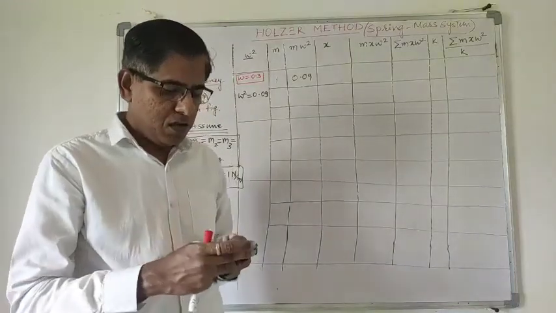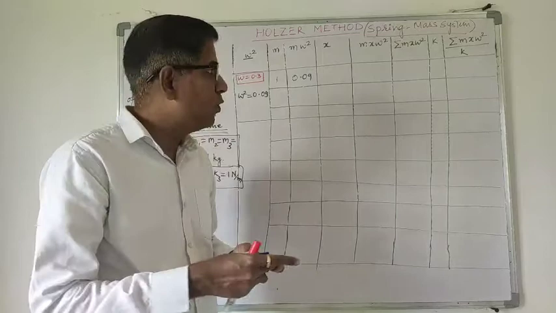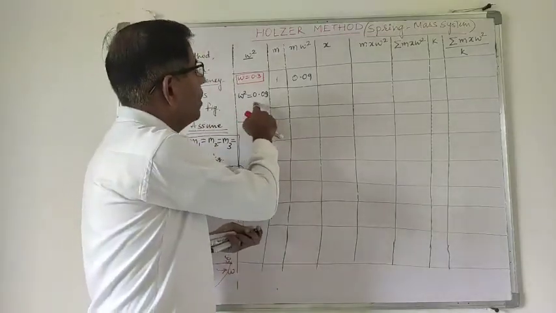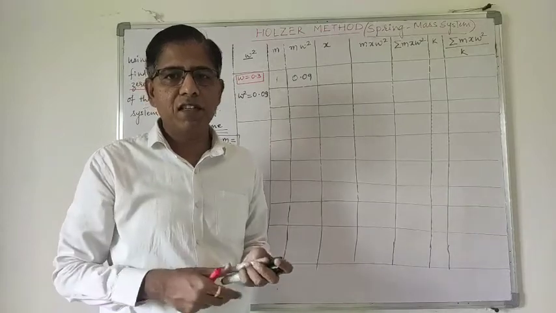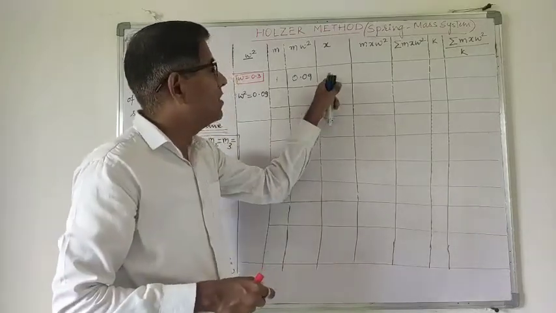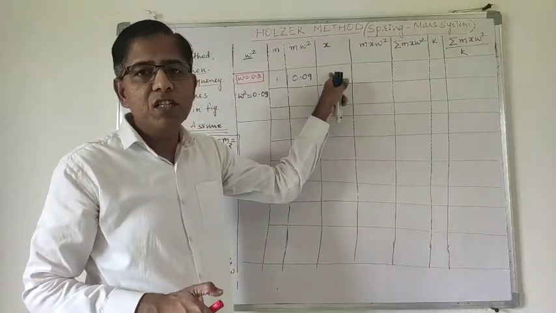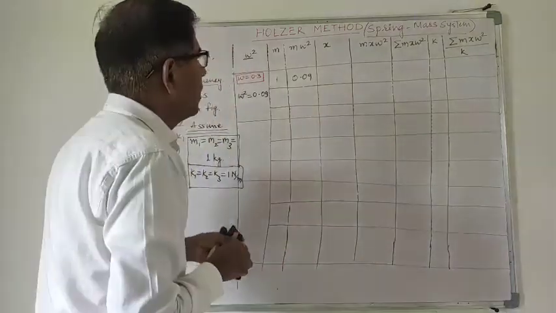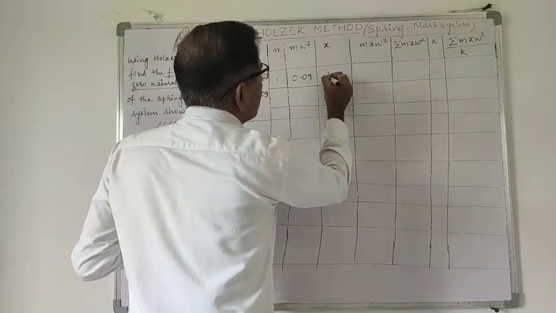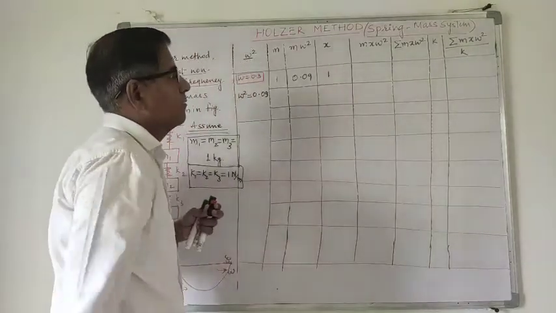First is we need to assume the value of natural frequency, trial value of natural frequency, and at the same time we need to assume the initial displacement of the mass 1 as unity. So here I will write down x as 1.